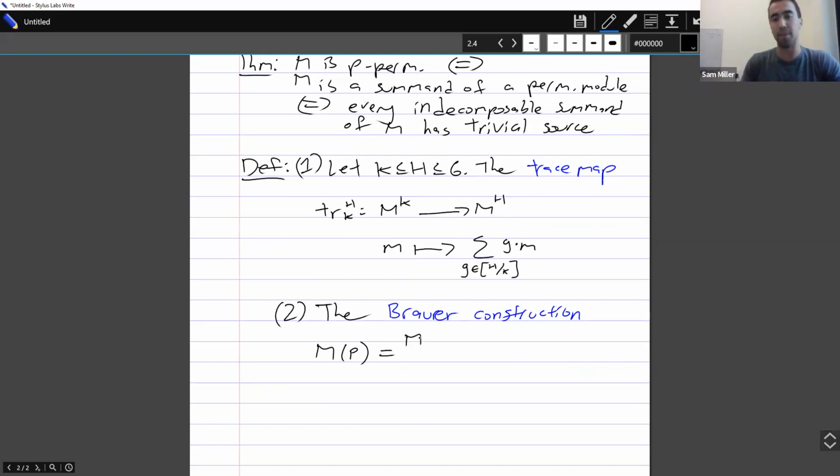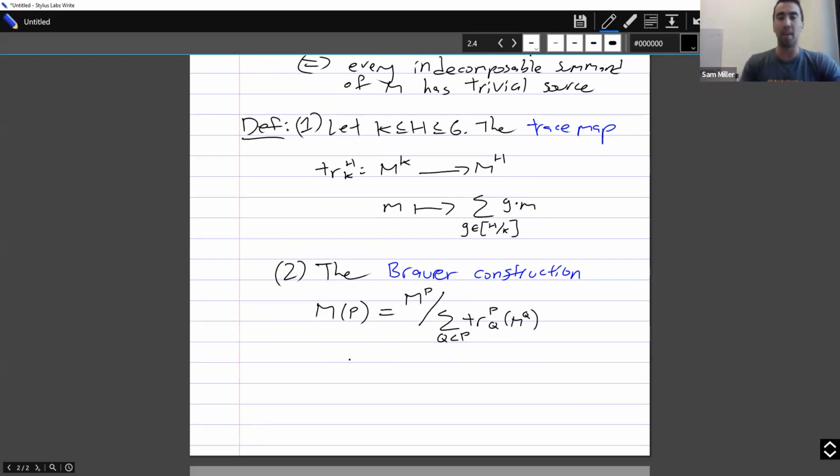What we do is first take M, take the P-fixed points, and then mod out by all trace map sums from all subgroups that are strictly contained in P. So we just mod out by all trace maps, essentially. And I write P here; you can define it for any subgroup, but it turns out that this is uninteresting. It's just 0 when P is not a p-subgroup. So we only really consider the Brauer construction for p-subgroups.